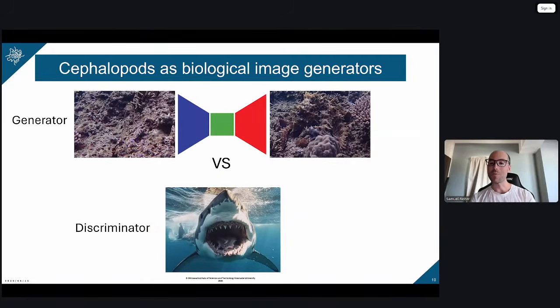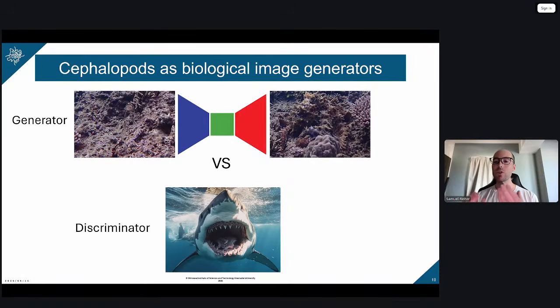So if you're familiar with a generative adversarial network, it's another machine learning model. I think this is the even more precise analogy. We can think of the predators of cephalopods and the cephalopods themselves as playing an evolutionary game or an arms race, where the cephalopods are trying to generate realistic skin patterns, and the predators are trying to discriminate between background textures, visual textures, and the disguised cephalopods.